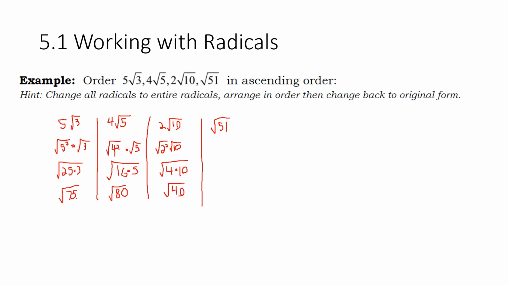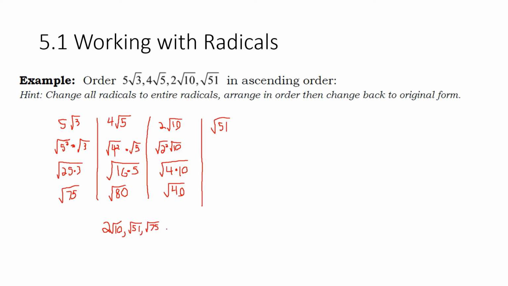If I were to order these 5 radicals, it's a lot easier to see which one's biggest and which one's smallest now. The smallest one is 2 root 10. The next smallest one is root 51. The next smallest one is root 75.